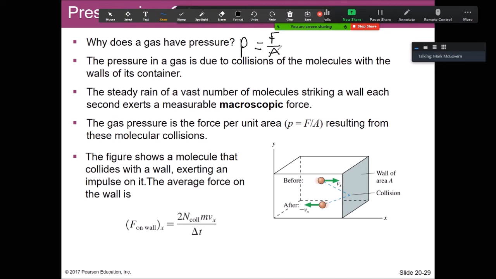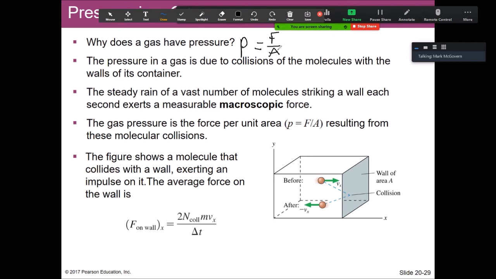When we say something has pressure, it's because an enormous number of molecules are making collisions with the walls of the container. And those frequent collisions are experiencing impulses. You remember that from 110, impulse, force delivered over time. We're going to try to relate the microscopic collisions with what's going on macroscopically.